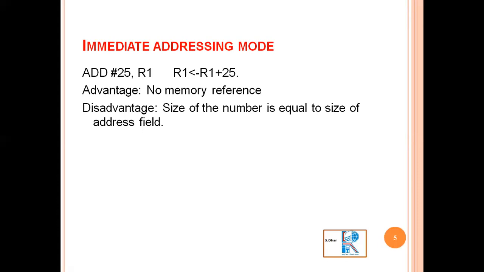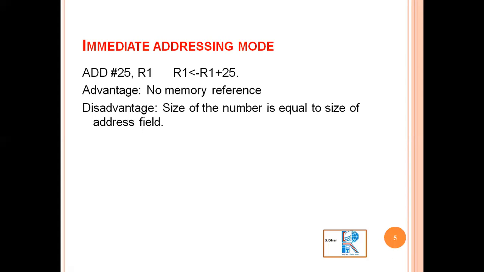In the immediate addressing mode, the data on which the instruction will operate is mentioned in the instruction itself. Again, I am repeating, the data on which the instruction will be executed is mentioned in the instruction itself. This is called immediate addressing mode.